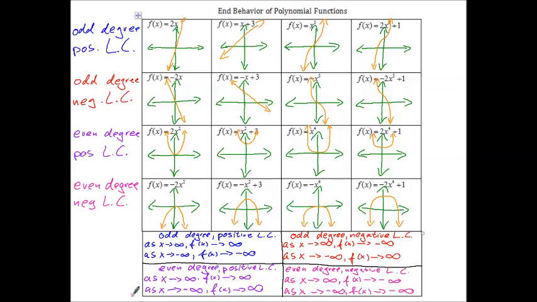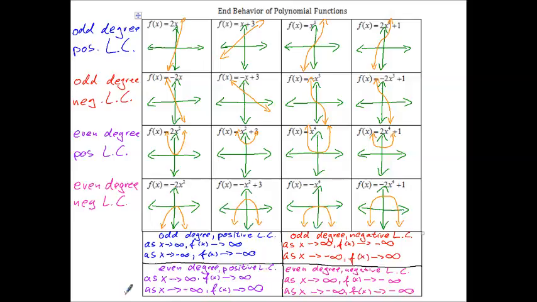Functions with odd degree and negative leading coefficient, as x goes to positive infinity, f of x goes to negative infinity. As x goes to negative infinity, f of x goes to positive infinity. Functions with even degree and positive lead coefficient, as x goes to positive infinity, f of x goes to positive infinity.